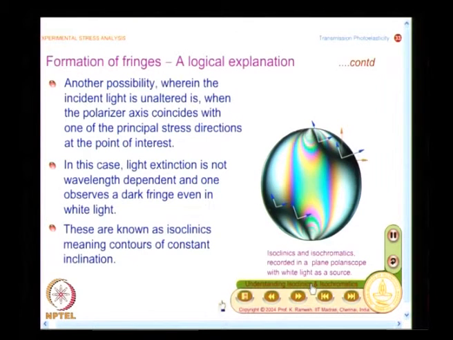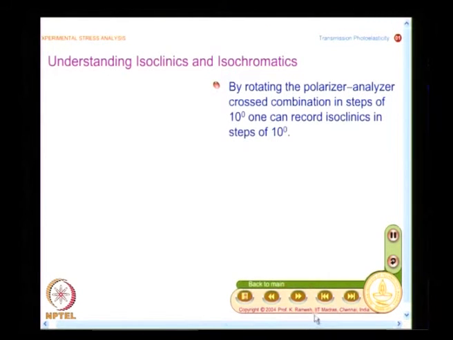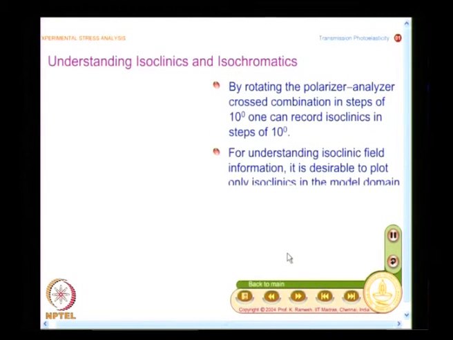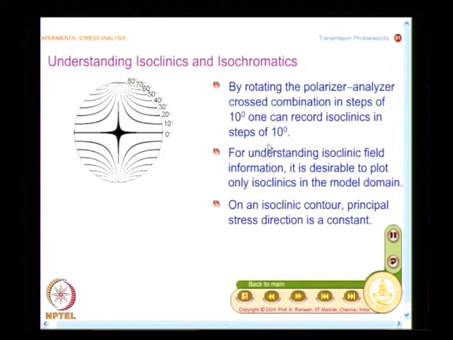We will also have a look at what way we can represent. What I do is I rotate the polarizer analyzer crossed combination in steps of 10 degrees. One can record isoclinics in steps of 10 degrees and plot them.